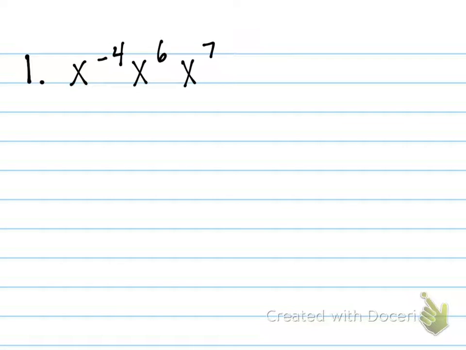So here we have x to the negative 4th, x to the 6th, x to the 7th. And all of these are multiplied together. So since they are multiplied, then I can take my exponents. So I have negative 4, 6, and 7. And I can add those together. So I'm going to take negative 4 plus 6 plus 7, and you end up getting a positive 9.